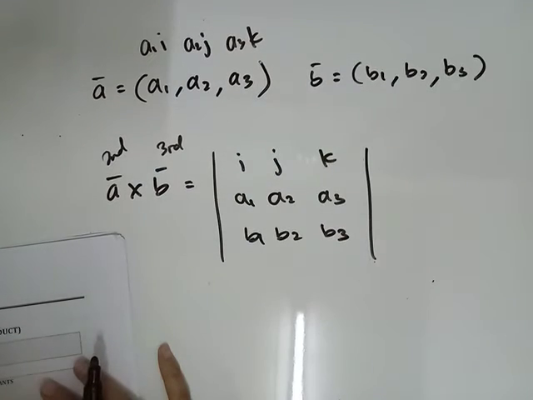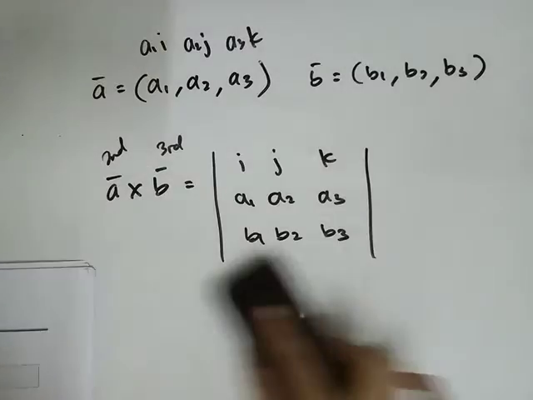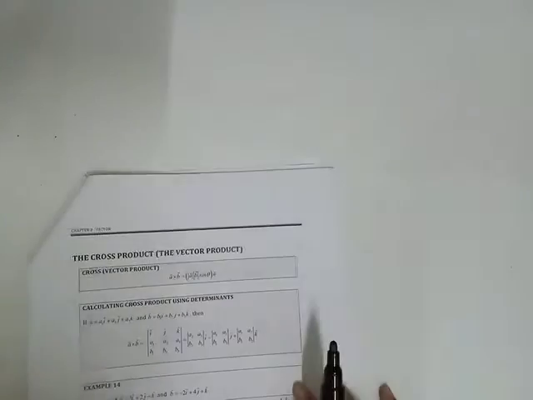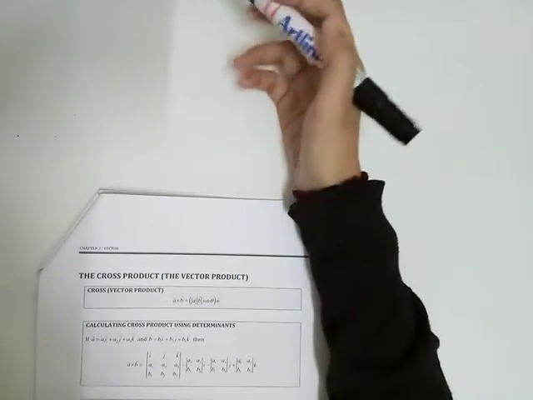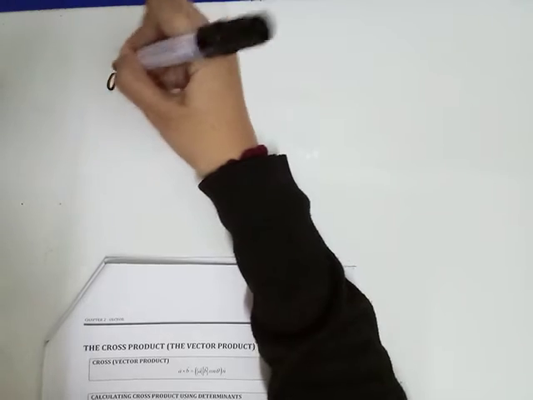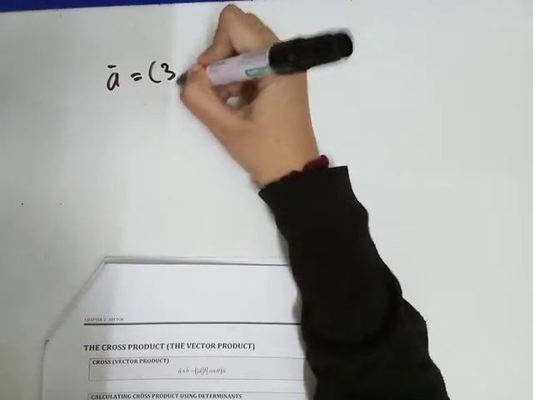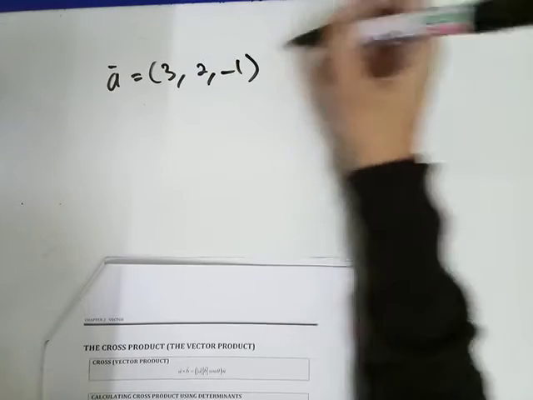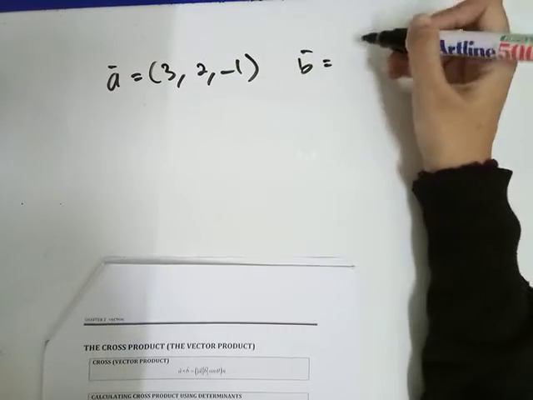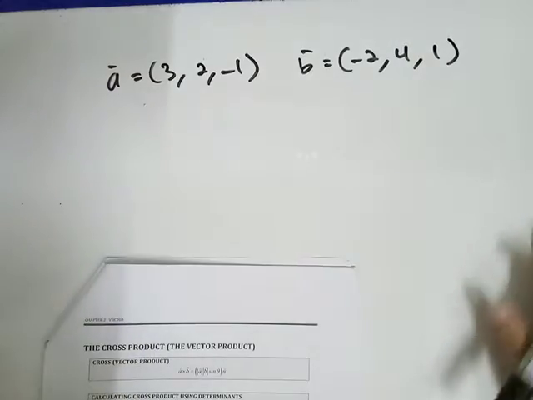Okay, so look at example 4. Example 4 tu, dia bagi vector, find vector A cross vector B. Vector A is 3, 2, -1, and vector B is -2, 4, 1.